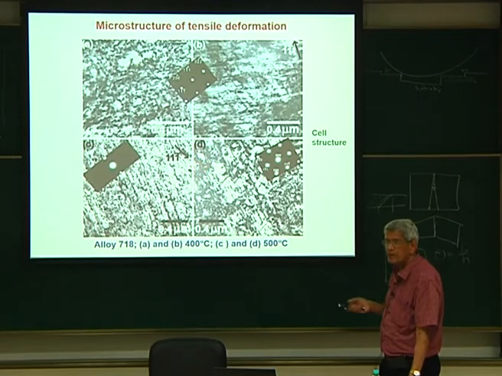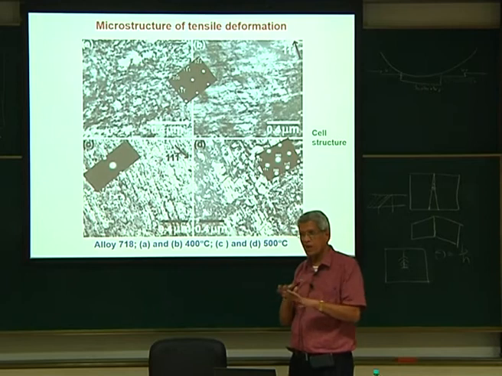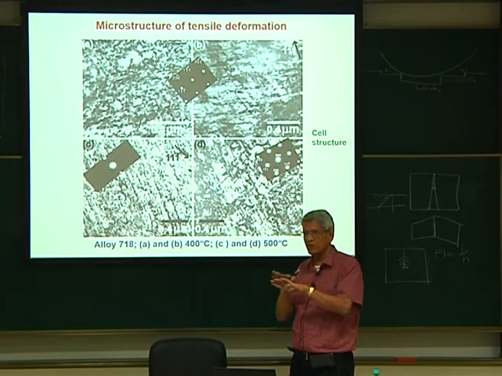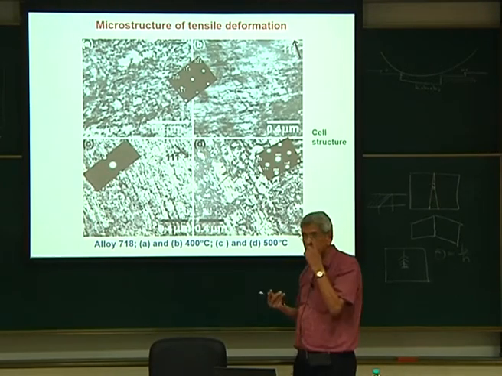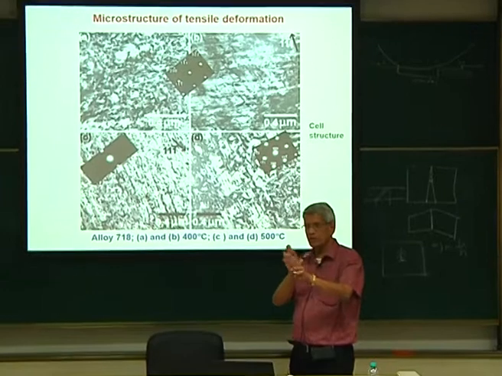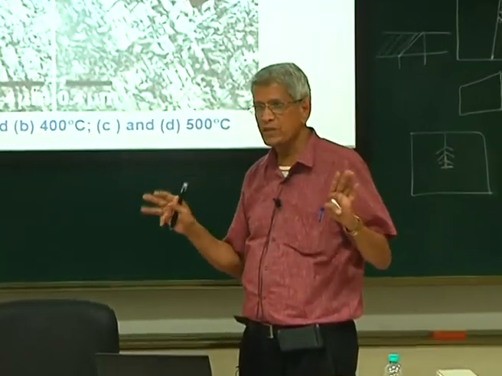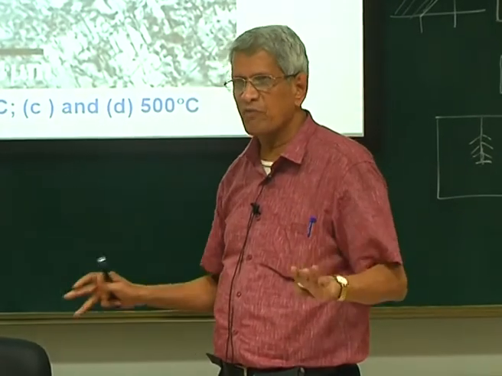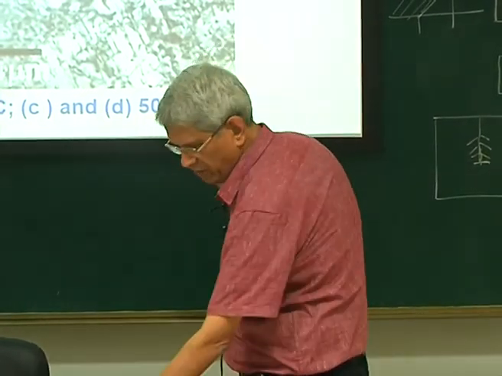This is essentially a tendency to form a cell wall. What a cell wall essentially is: the dislocations try to rearrange themselves. But if you look at this boundary, some of the dislocations are blocked by the others, like forest dislocations. They are not rearranged into any particular configuration. This is what is called a cell wall.